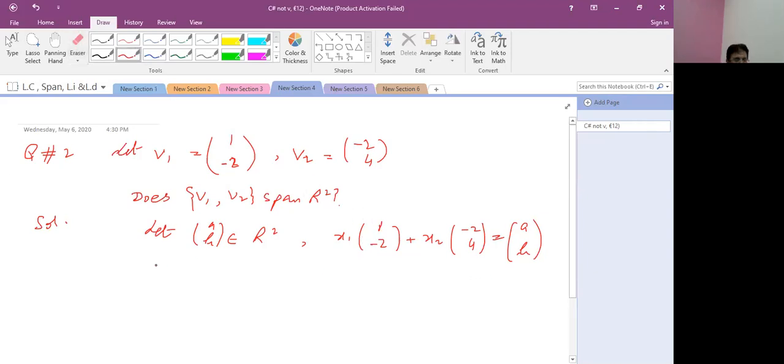So in the next step, if we solve it, multiplying the coefficients, x1 minus 2x1 plus minus 2x2, 4 times x2 equals (a, b).